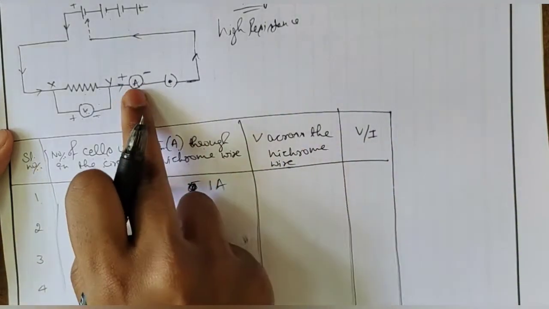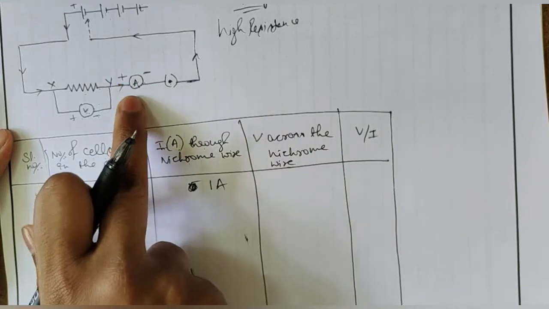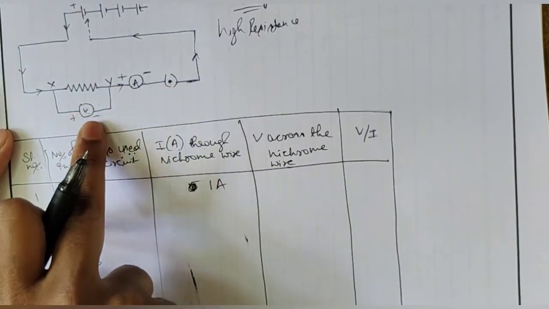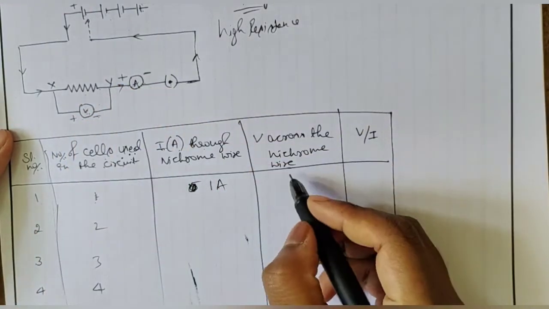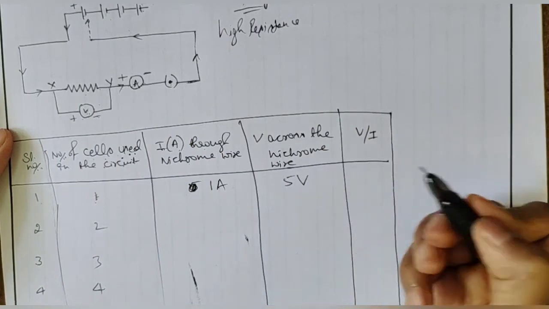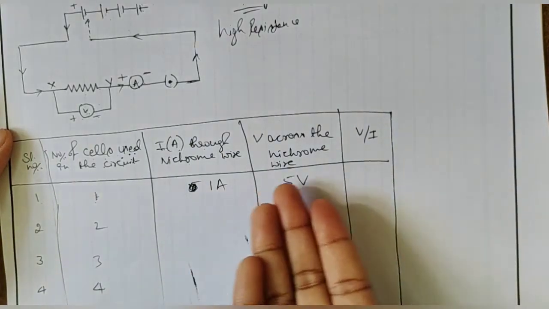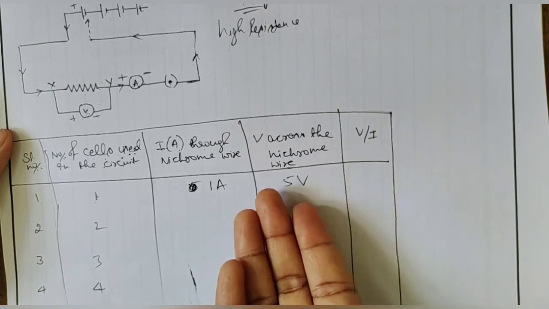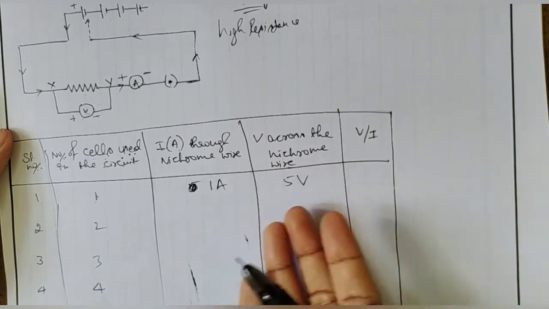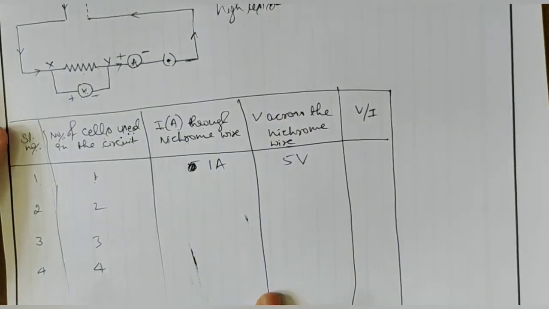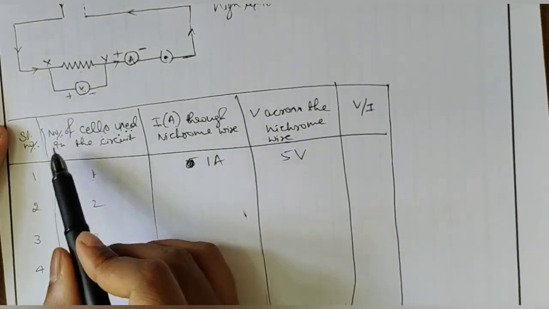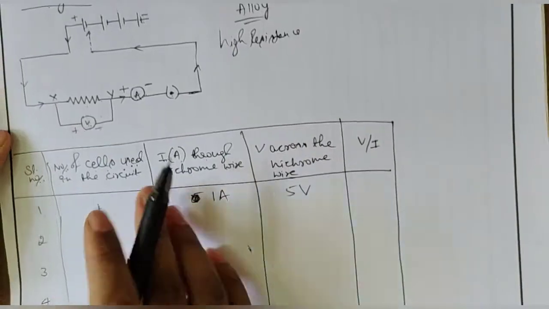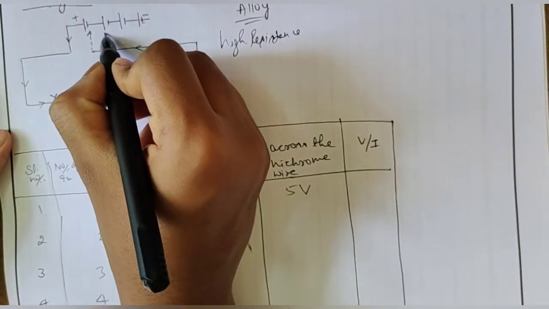Next, simultaneously after getting the current reading, we'll also get one more reading in the voltmeter. Here I may get 5 volt as a reading. It's not necessarily a whole number, we may also get decimals like 0.1 or 0.2. When we do the actual experiment, we can note down the readings based on that. Now I'm connecting this one to the second cell.